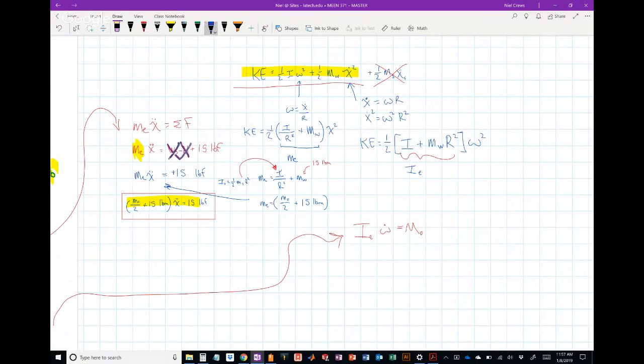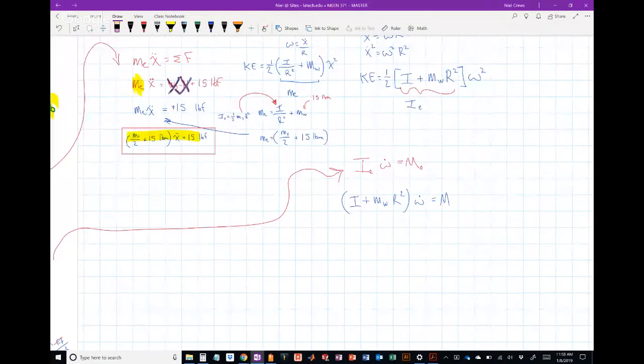So our effective inertia is I plus m, the mass of the weight, r squared. I'm about to plug it in. We know what our inertia equation is. Again, this is just the spool, not the whole everything.